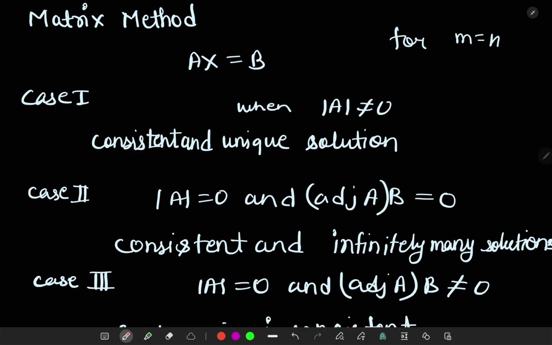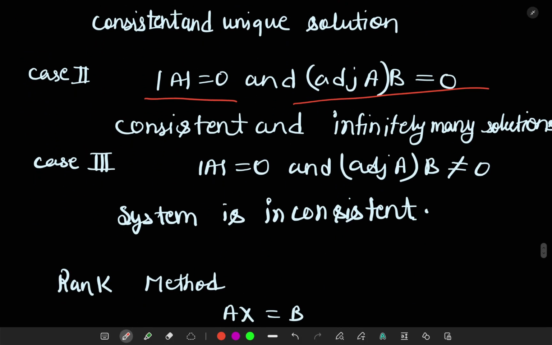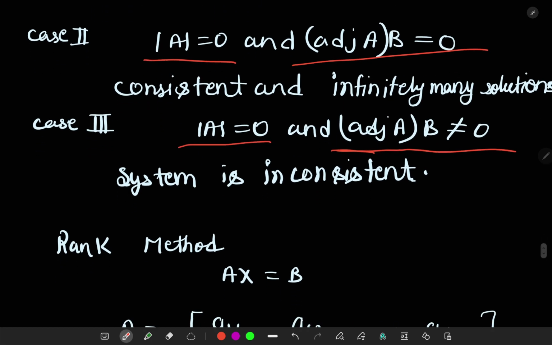Case 2: if determinant A is equal to 0 and adjoint A into B equal to 0, then the system is consistent and has infinitely many solutions. Case 3: if determinant A equal to 0 but adjoint A into B does not equal 0, then the system is called inconsistent.